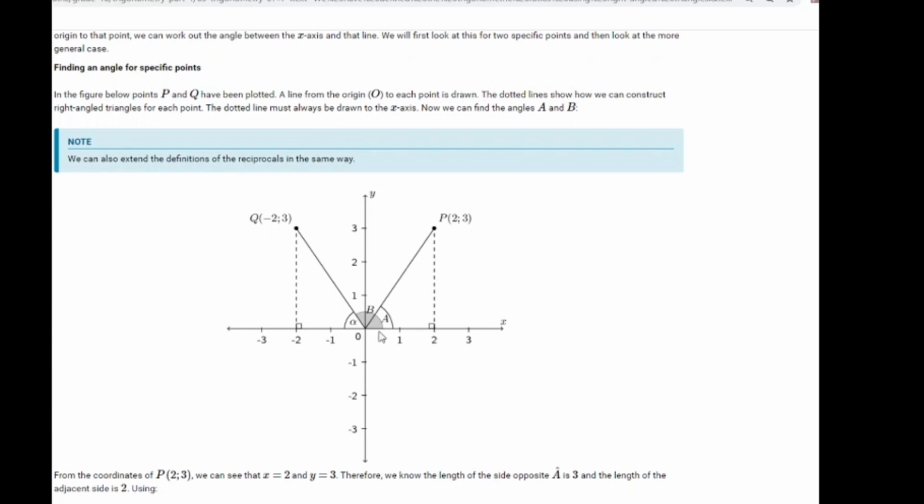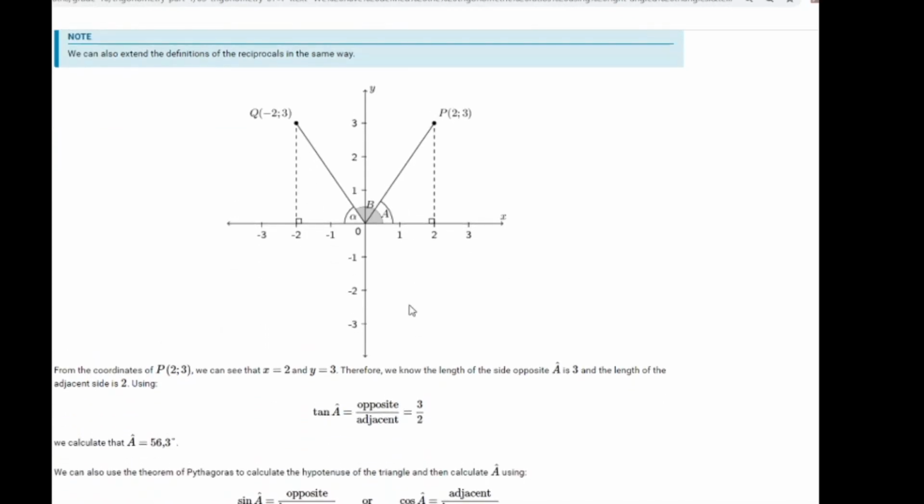The dotted lines show we can construct a right-angled triangle for each point. The dotted line must always be down to the x-axis, as it is in this case. Now we can find the angles A and B. A is this angle, and B is that angle highlighted in gray.